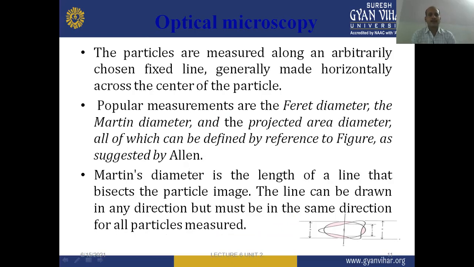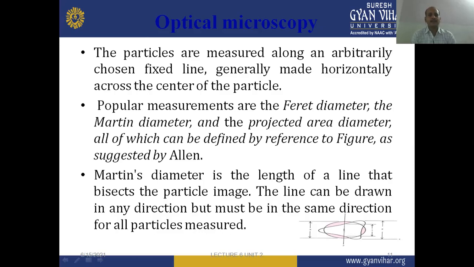And three types of popular measurements should be done. One is the Feret diameter, another one is the Martin diameter, and the third one is the projected area diameter, all of which can be defined by reference to the figure suggested by Allen.